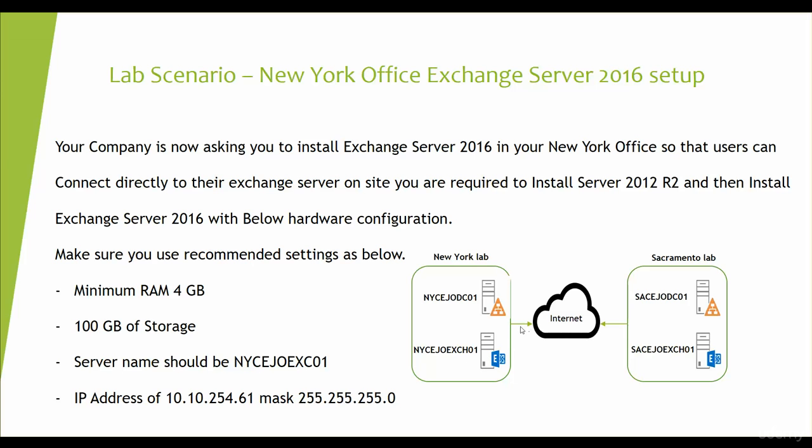As you can see, this New York site is connected through the internet to the Sacramento lab, where we have a domain controller and an Exchange server. Most of the time internet connections are slow, or the sites are far away from each other. So you can set up an Exchange server on each side, so that whenever clients want to connect to Exchange, they can connect directly to the server that is physically existing locally on that site.